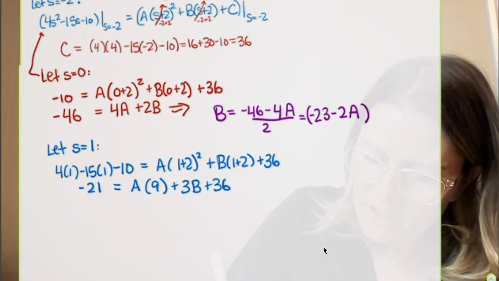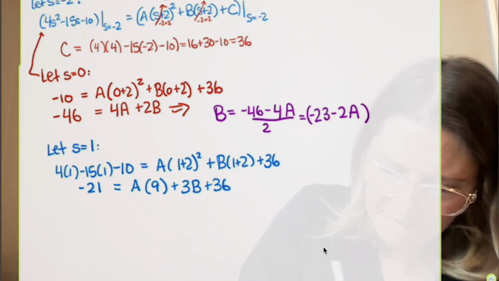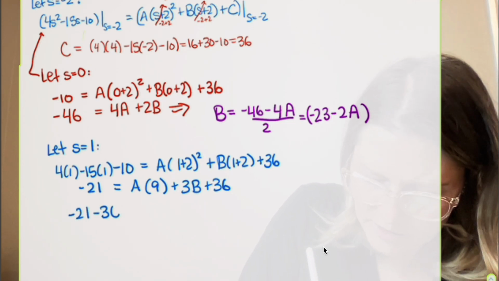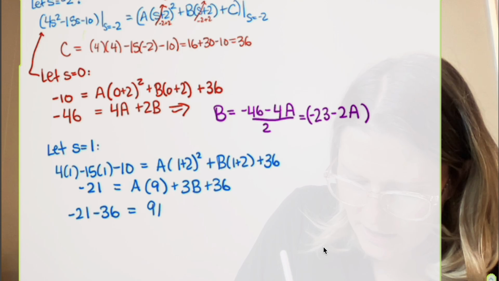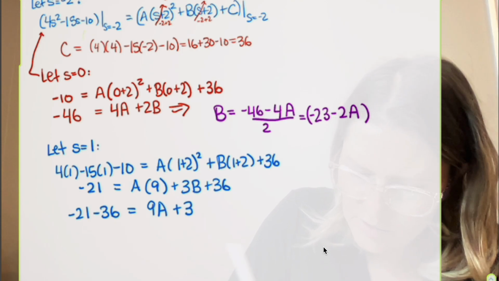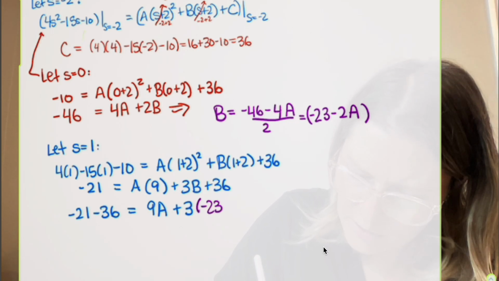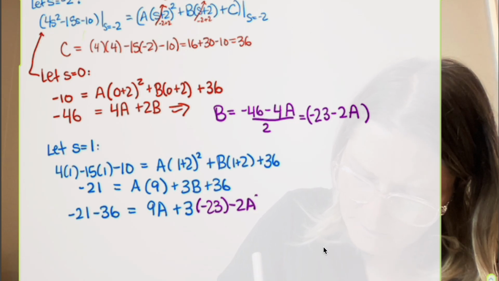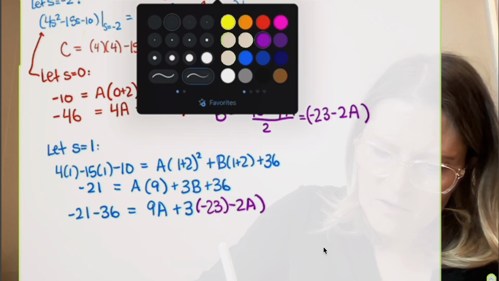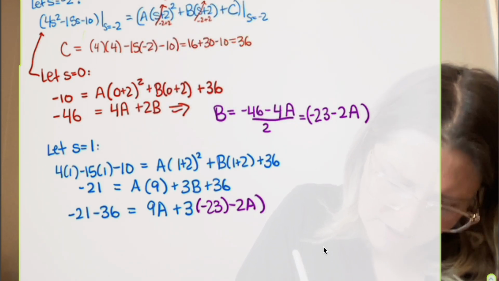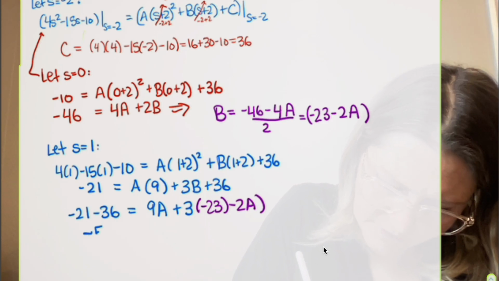And now I can plug in b. So I bring over the minus 36, and I get -57 equals 9a, plus 3 times the b value of minus 23 minus 2a.